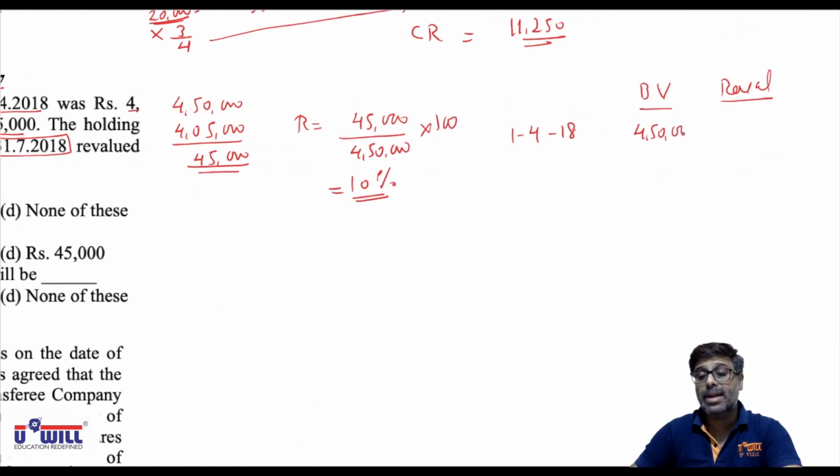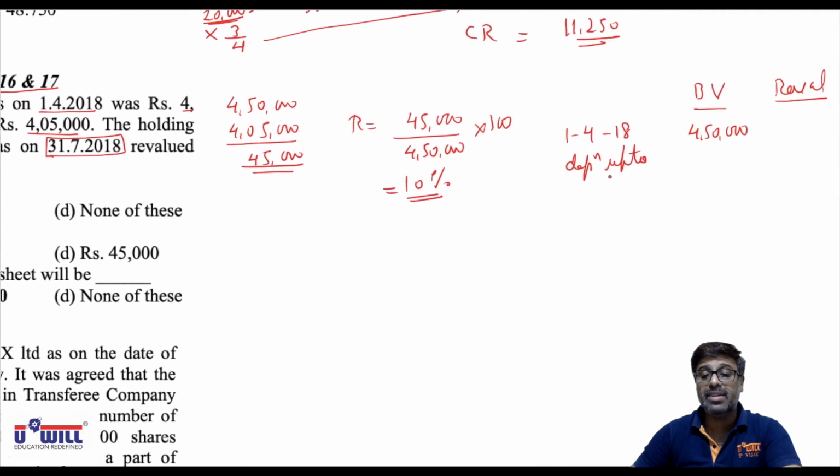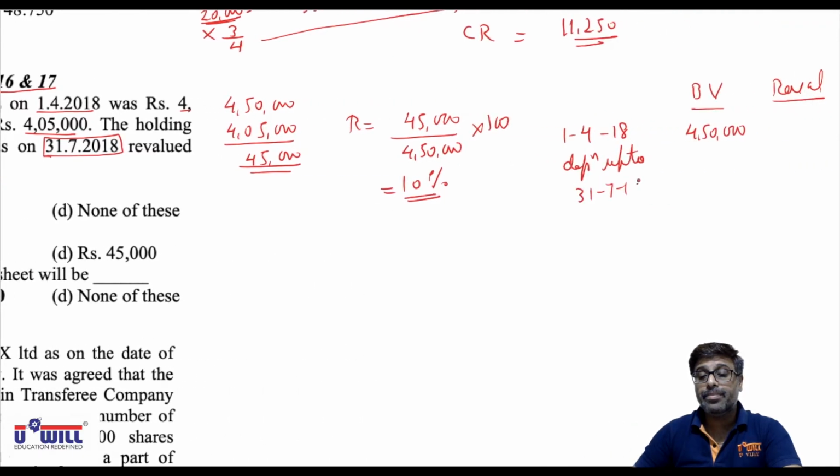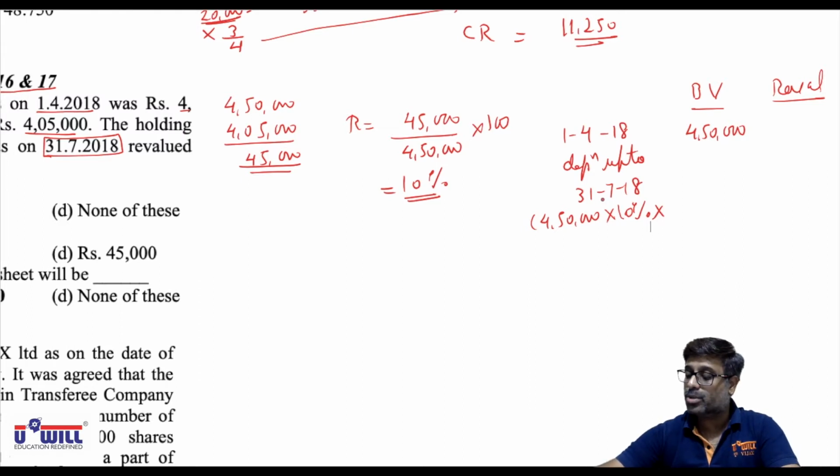Then we will provide depreciation up to the date of acquisition, 31/7/18. So 4,50,000 into 10% into, April, May, June, July, 4 months, so 4 by 12. For 4 months the depreciation will be 15,000.